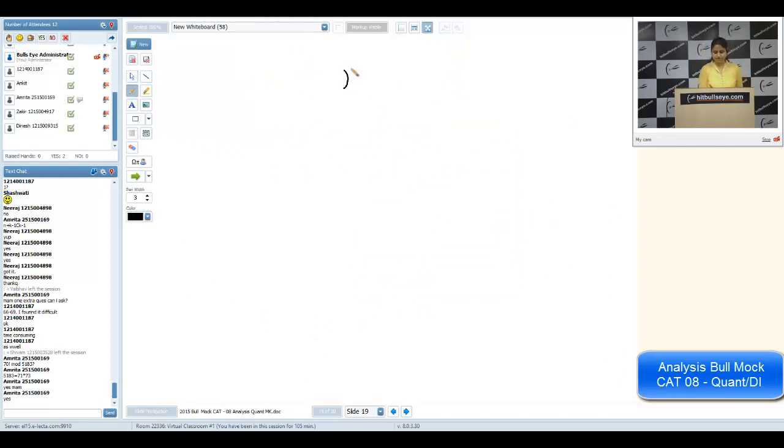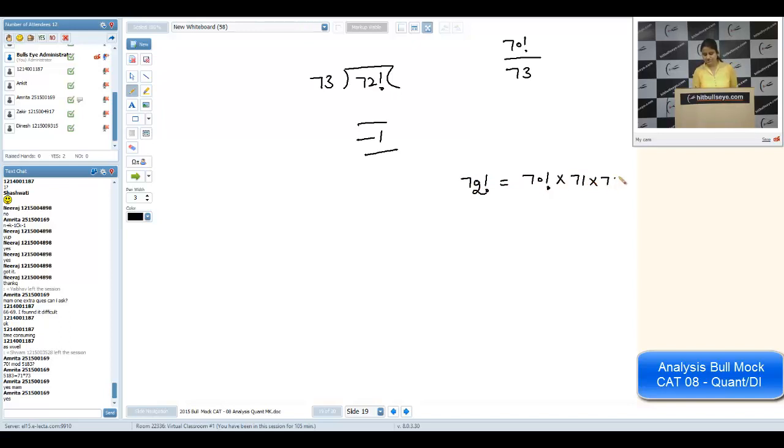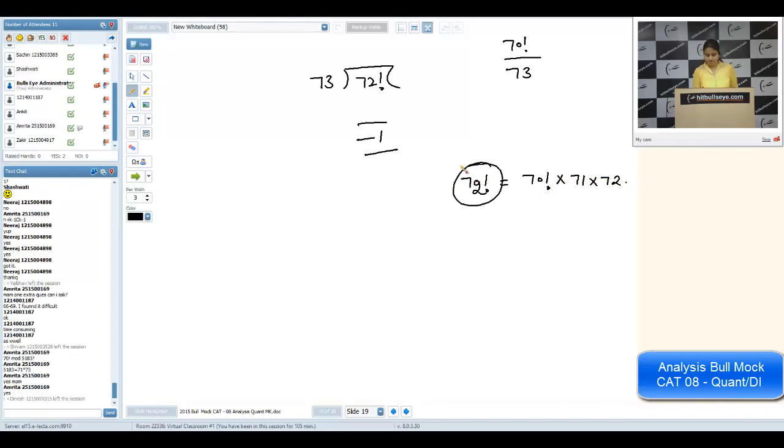My question was 70 factorial when divided by 73, and I know 72 factorial when divided by 73 gives remainder minus 1. Now 72 factorial can be written as 70 factorial into 71 into 72.